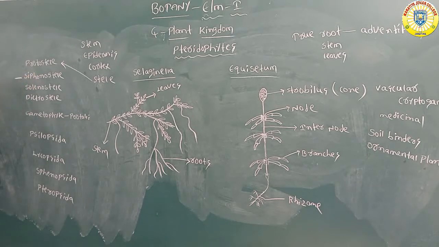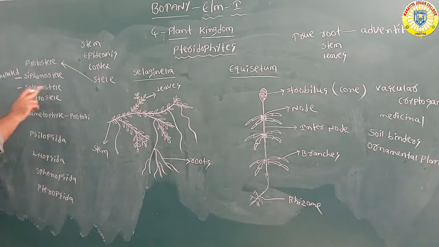The stele may be protostele, siphonostele, solenostele or dictyostele. Siphonostele means medullated: xylem and phloem are there, but in the middle medulla is there, which is the pithy part.